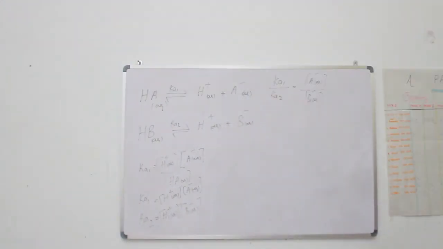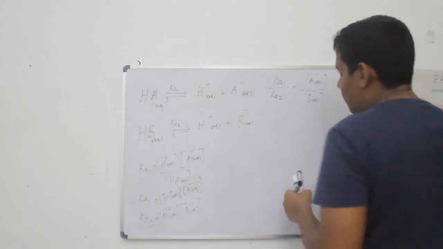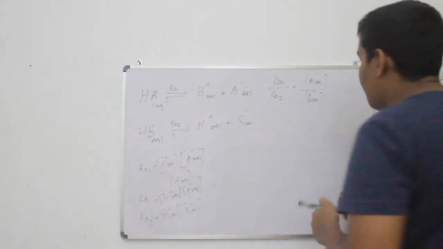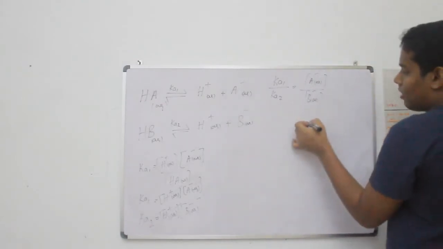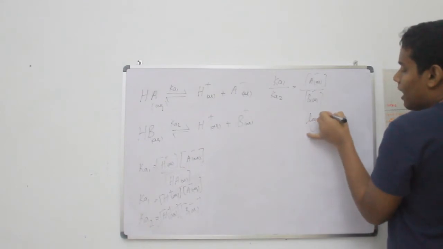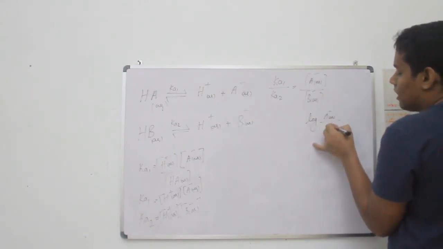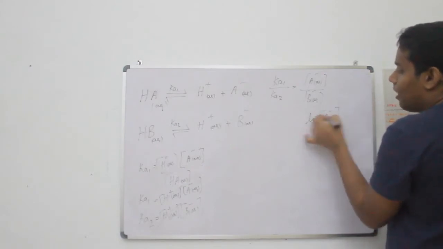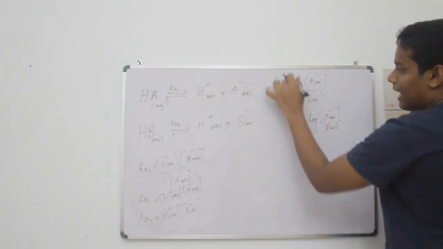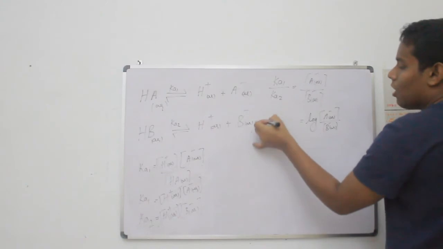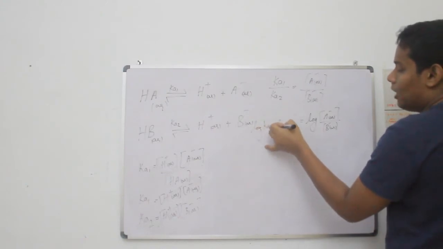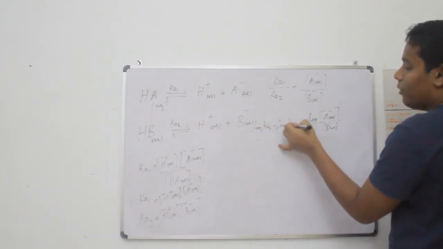Now we need log A minus aqueous concentration divided by B minus aqueous concentration. So if I take log of this side, I have to take log of this side, so it will be log Ka1 minus log Ka2.